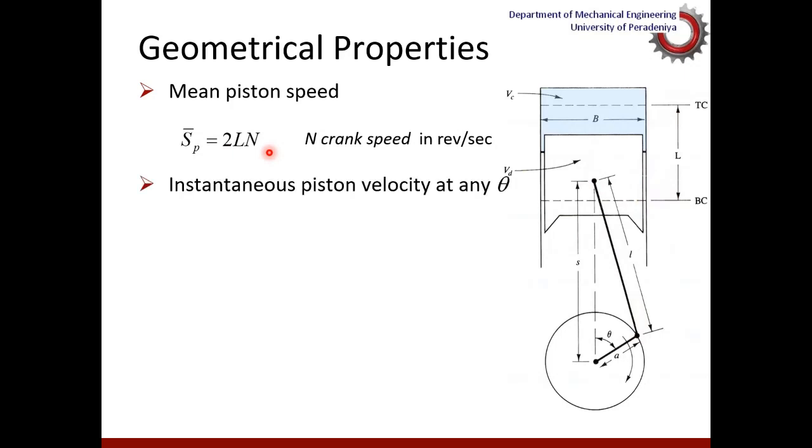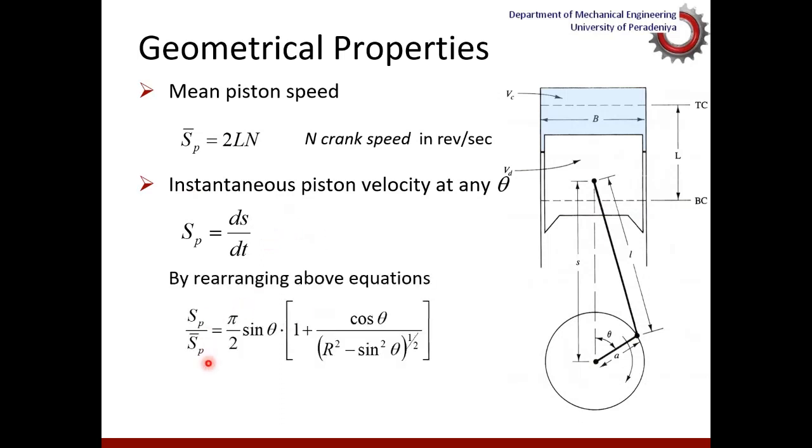Now, the instantaneous piston speed, of course, is a dynamic quantity, and we can find it as dS over dt. S is this distance. Usually the instantaneous piston speed is expressed as a normalized quantity to the mean piston speed, as you see here.